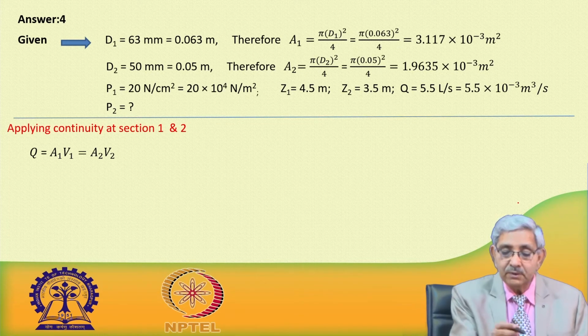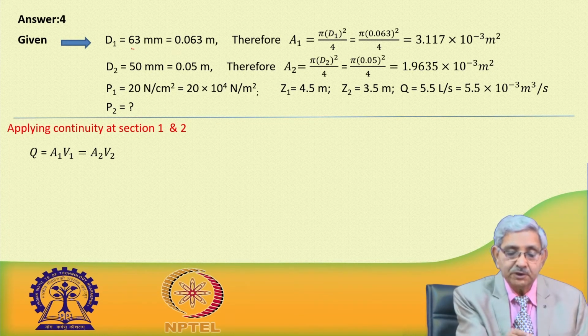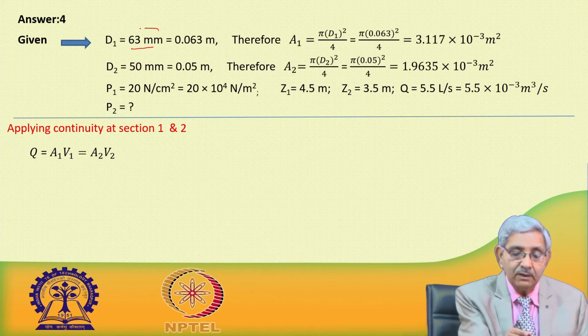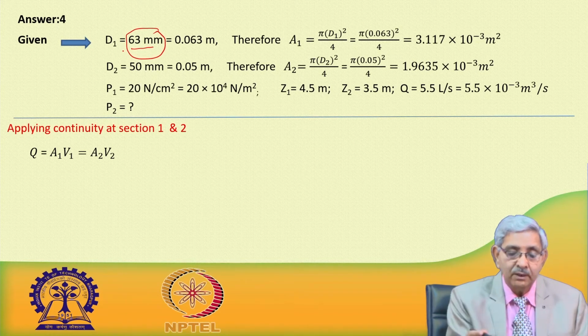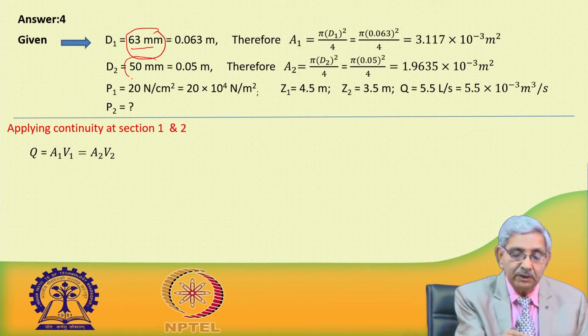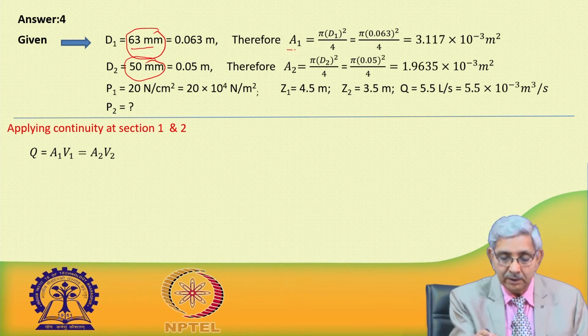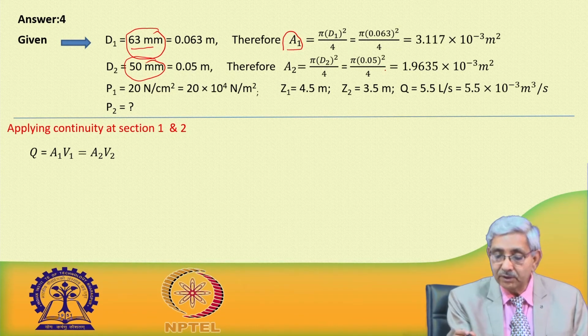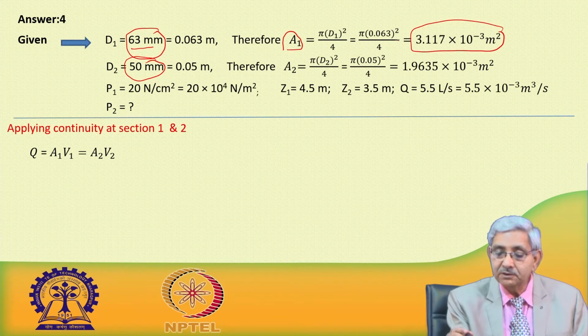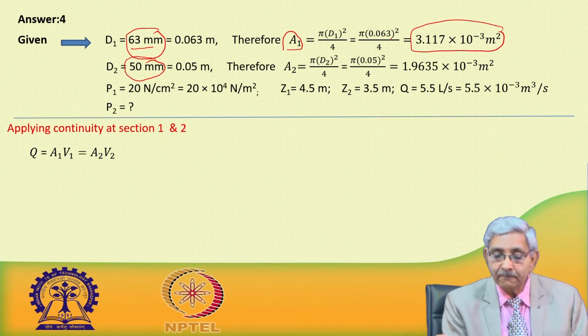So, these values are given. 63 millimeter is the diameter of pipe 1, then 50 millimeter for pipe 2. We find the area of cross section A1, that is pi by 4 d1 square, substituting 63 millimeter squared, where 63 is converted into meter.